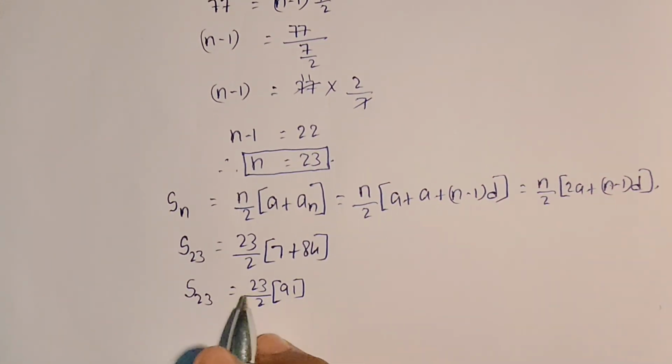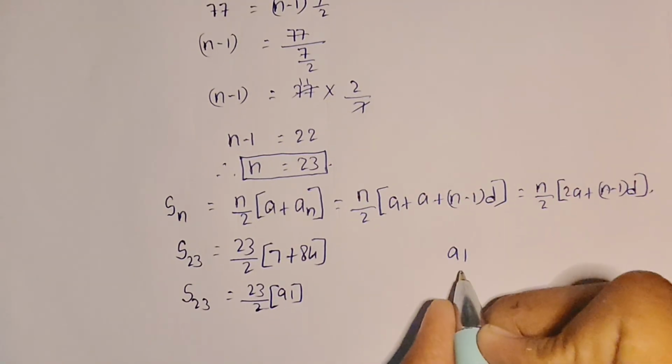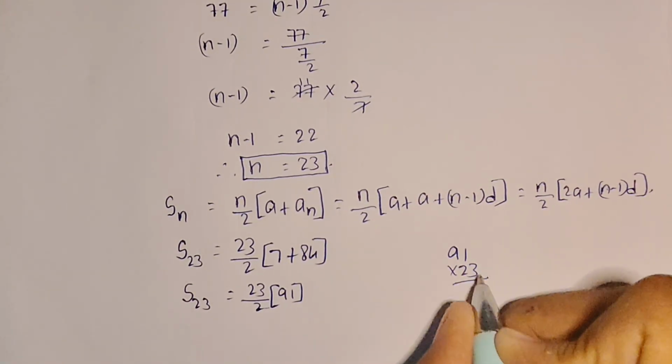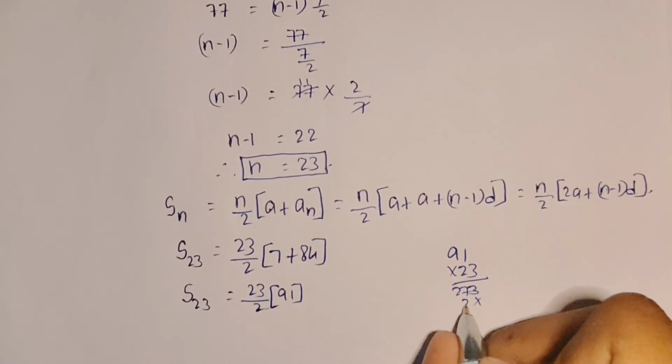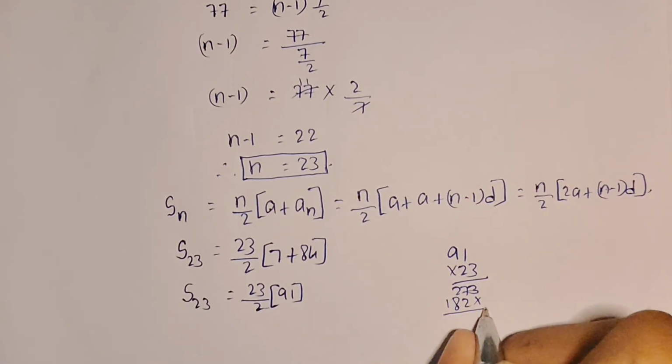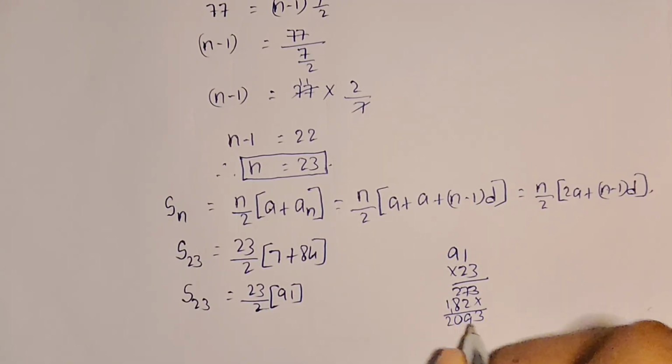Now I am going to multiply 23 by 91. So 91 into 23. 3 ones are 3, 3 nines are 27, 2 ones are 2, 2 nines are 18. 3, 7 plus 2 is 9, 2 plus 8 is 10.